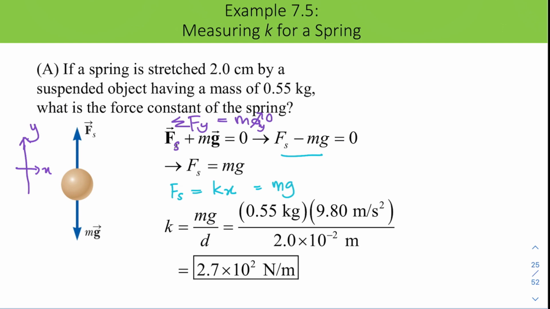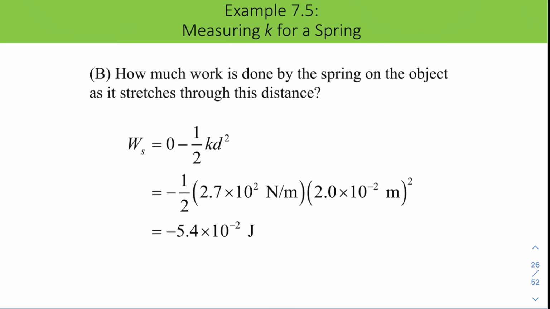For this case, it's using x as d, so you're going to have kd equivalent to mg. If you want to figure out the stiffness of the spring, then it's mg over d. The x is d in this case. So substitute the rest of the information given, then you will get your k is 2.7 times 10 to the power of 2 newton per meter.